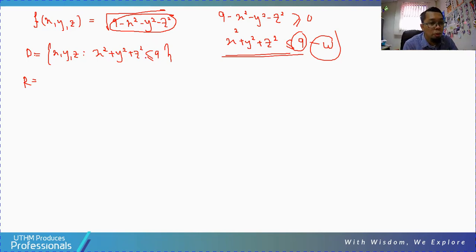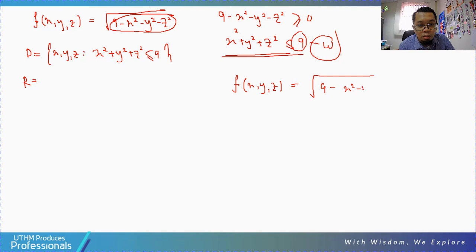So the largest value it can get, we look at the output f(x, y, z) = √(9 − x² − y² − z²). The largest value of the squares is 9, so 9 − 9 is 0. So the minimum value here is 0.